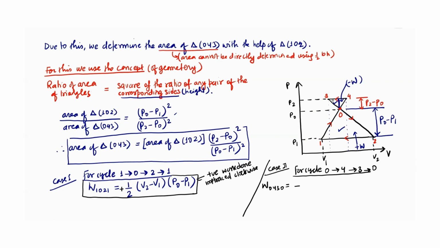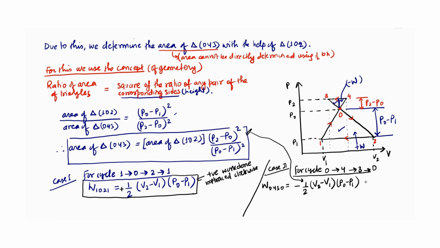So the area of this triangle, okay, is this. So we have area of triangle 1, 0, 2. So we are using this formula, okay. So area is half times V2 minus V1 times P0 minus P1, okay.